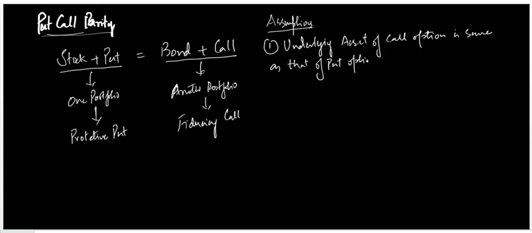So the options, whether it's a call option or a put option, have the same underlying. The second one, the expiration time or the expiry is the same for call and put.